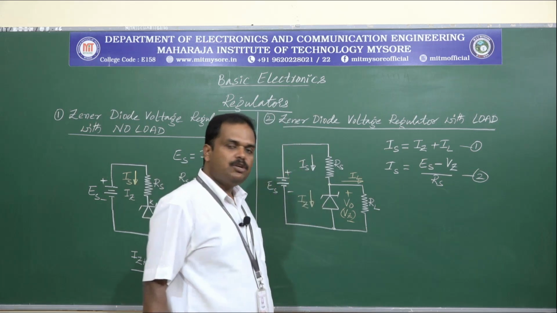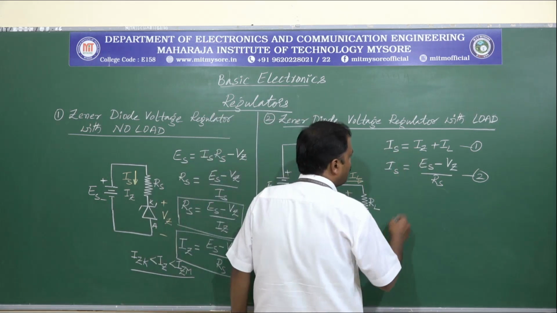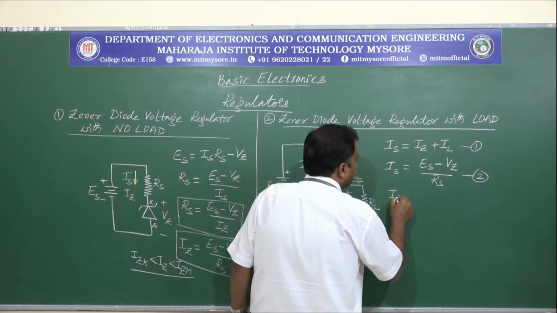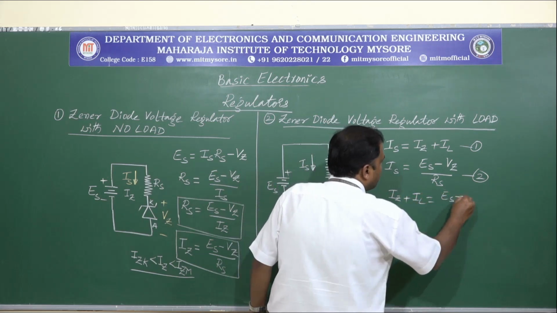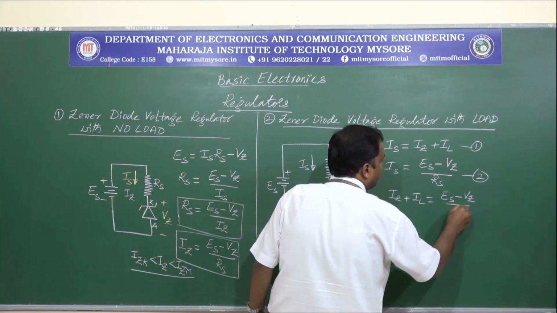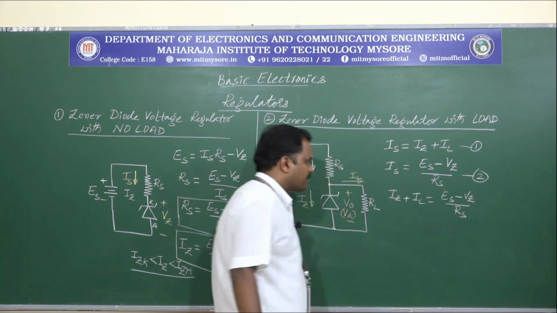Let this be equation 2. By equating these two equations, I can write IZ plus IL is equal to ES minus VZ divided by RS.